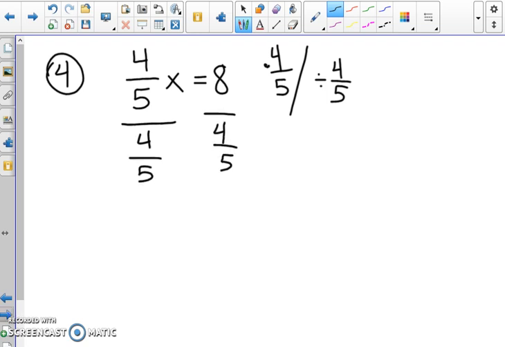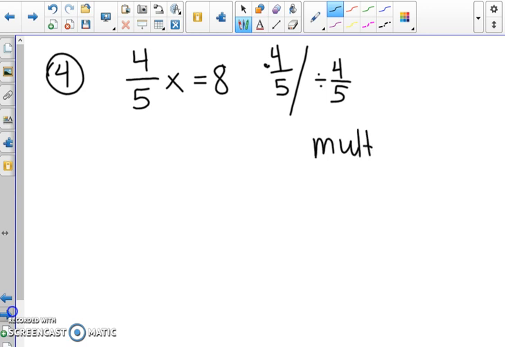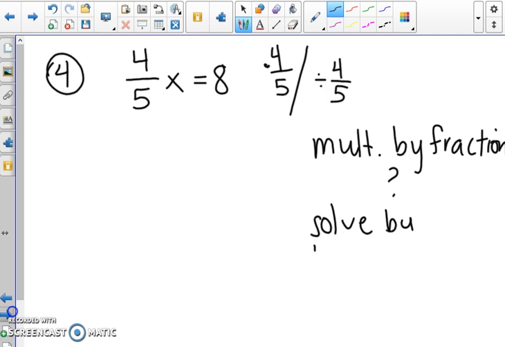So we can actually do something different whenever you're multiplying by a fraction. If you are ever multiplying by a fraction, you can solve by multiplying by the reciprocal.